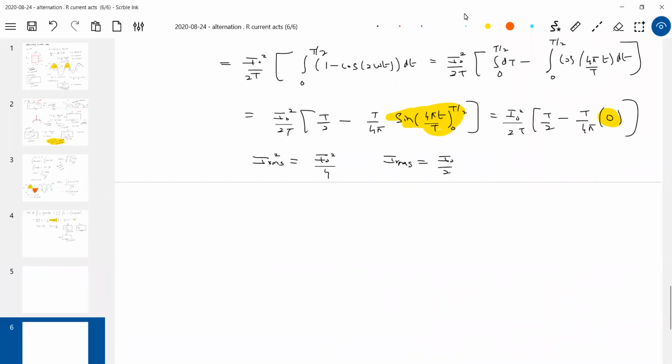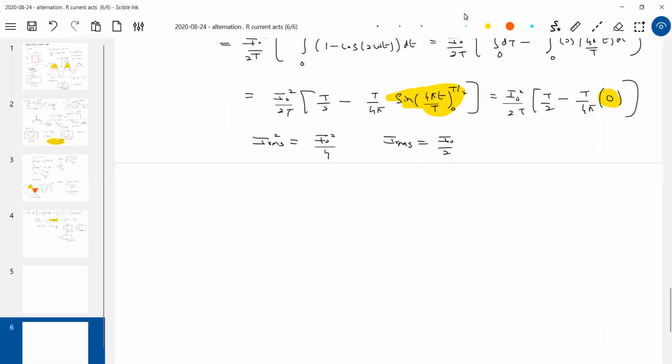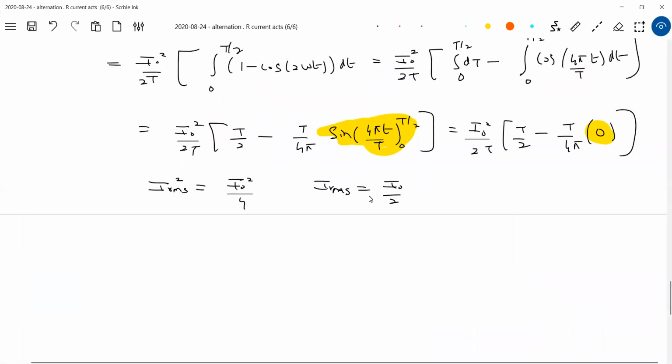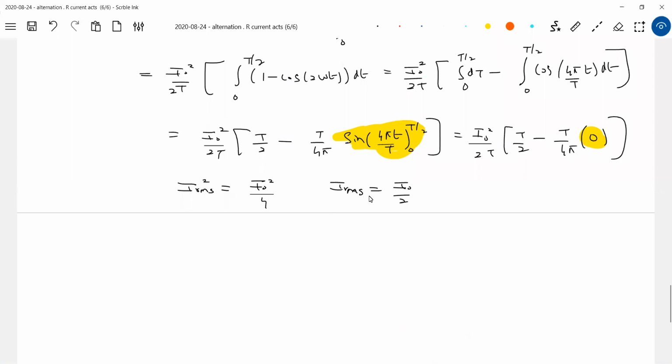Okay, next, for a sine or cosine wave, the answer will be the same. We have discussed only the sine wave, no?